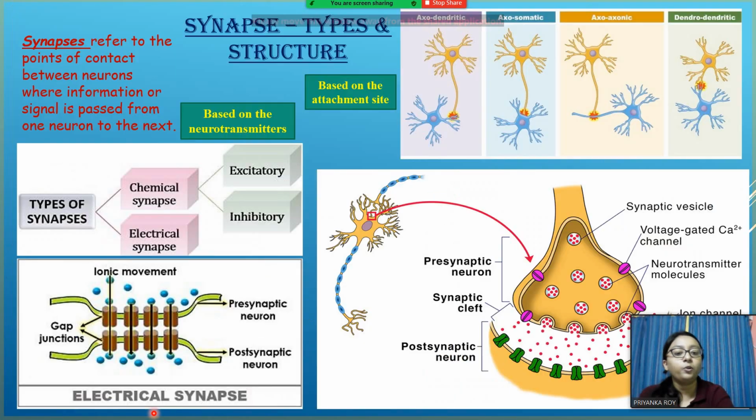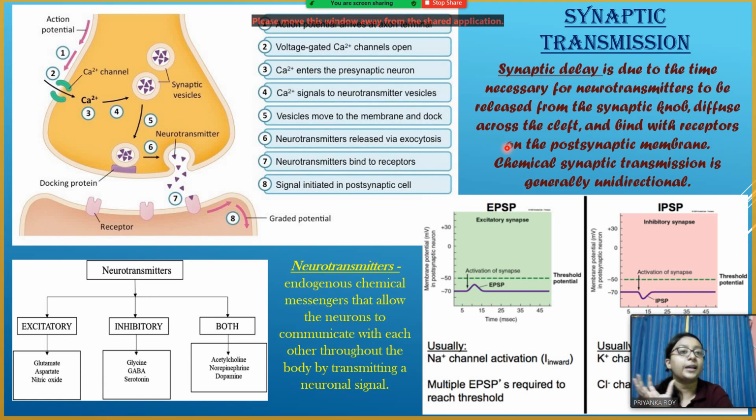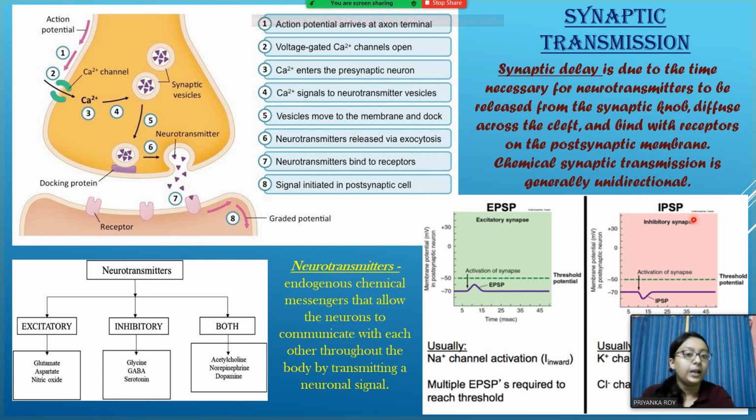Therefore, electrical synaptic transmission is quite fast because there is a direct connection, there is no receptor binding, no docking of vesicles, no release of neurotransmitters. So it is quite fast, and it is bidirectional as well. Here, in chemical synaptic transmission, there is a synaptic delay, and it is unidirectional only.